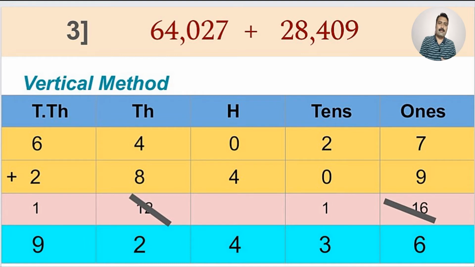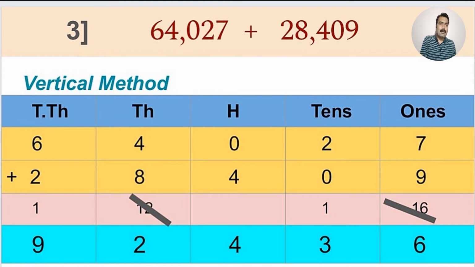After making the arrangement of the first number, it is important to arrange the second number. While arranging the second number, 28,409, we write 2 into the 10,000 column below 6. Thereafter 8 we write below 4 in the thousands column.